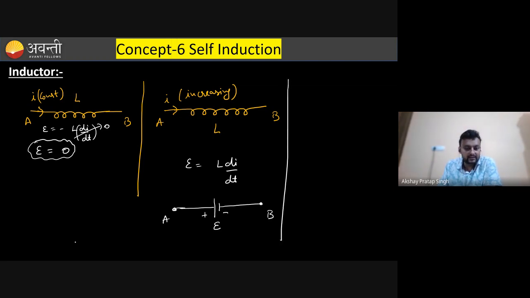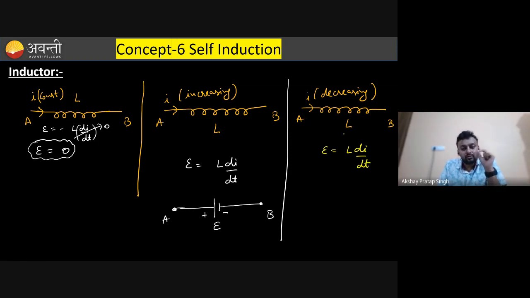And one final case. Again, the same inductor is there, with A and B, and some current I is moving and this current is decreasing with time. If this current is decreasing, what will happen? Some EMF will be induced in it. How much EMF? You will say L di over dt.